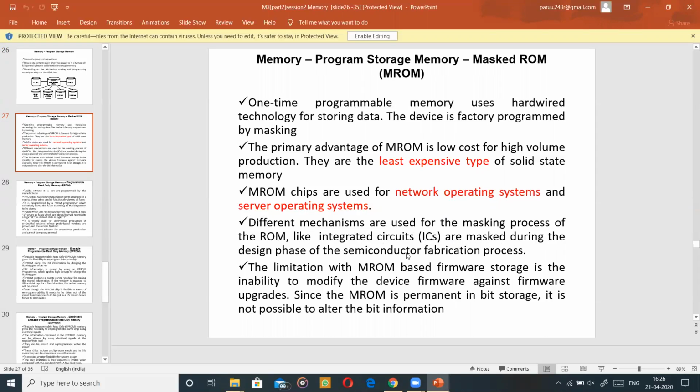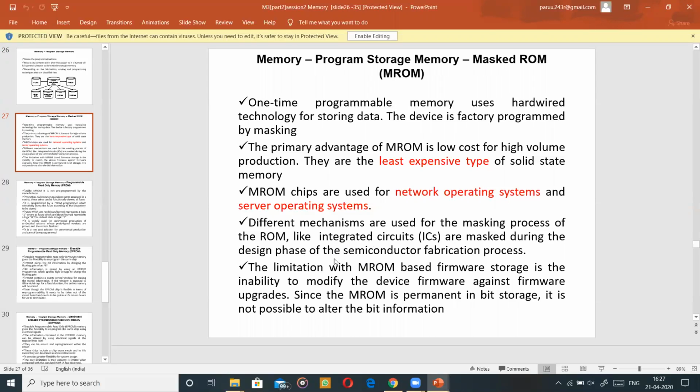So let us see what mechanism is used. There are many mechanisms used for the masking process of this ROM. One such is that integrated circuits are masked during the design phase of the semiconductor fabrication process. That is, when they are designing the circuit itself, before it goes for final manufacturing, they are going to write 0 or 1.